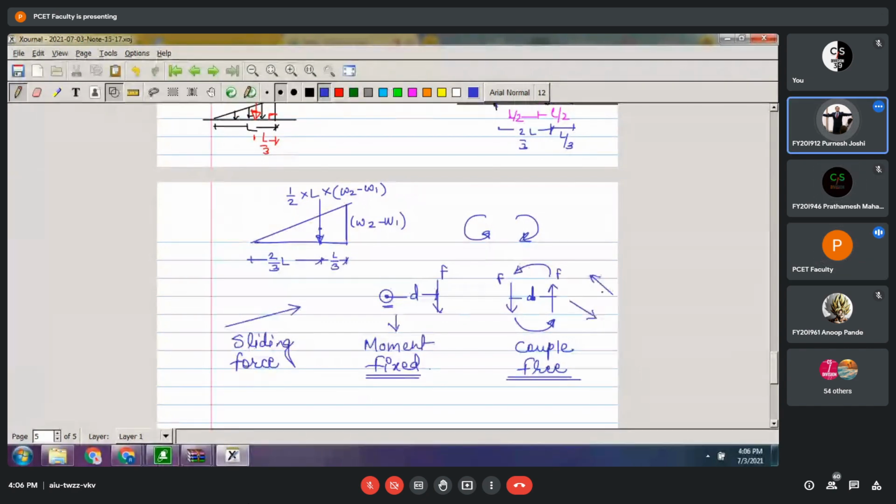So in any case, even if you change its position, even if you change direction of these two forces, anything you can do with this couple, its magnitude will remain the same because it is always one of the forces multiplied by the perpendicular distance. So this is a very important concept.